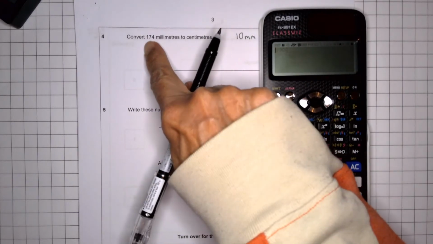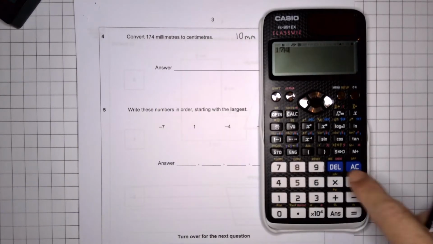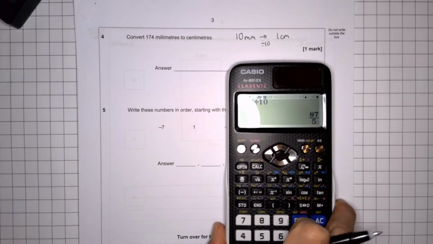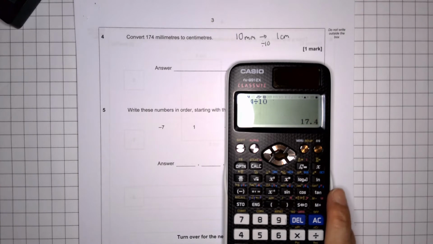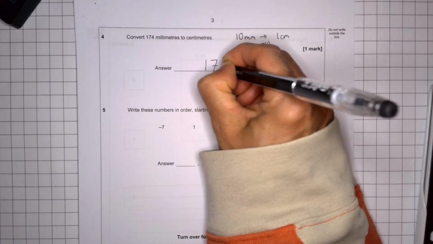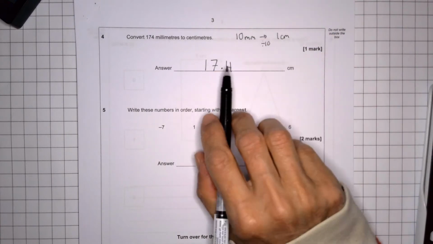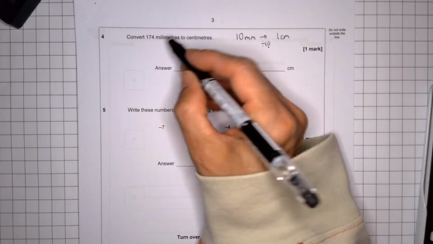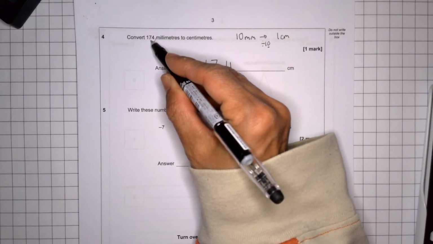You have 174 divided by 10, which will give us 17.4. If this were a non-calculator one, it would be a matter of dividing by 10, which means you'd go along and put the dot after the 17.